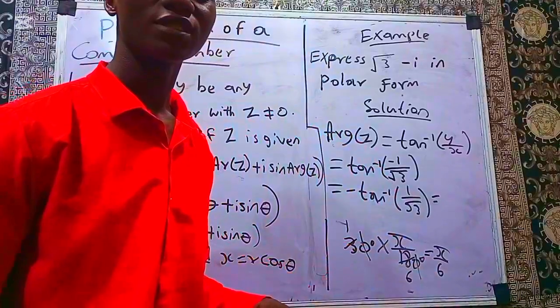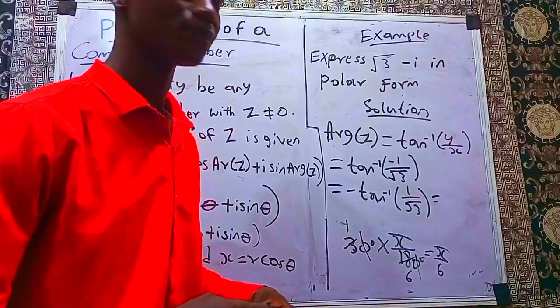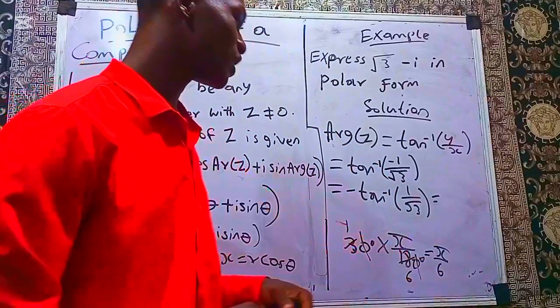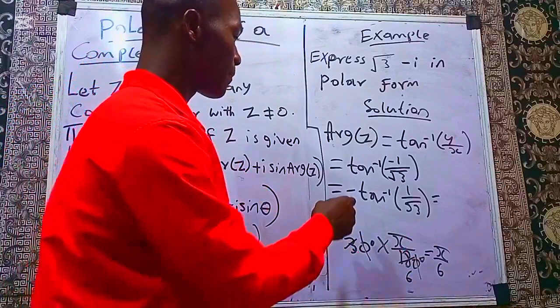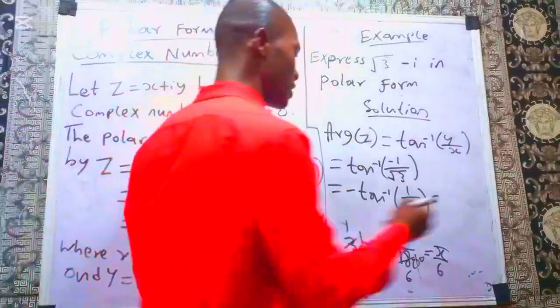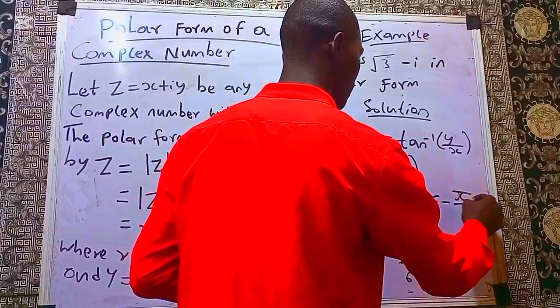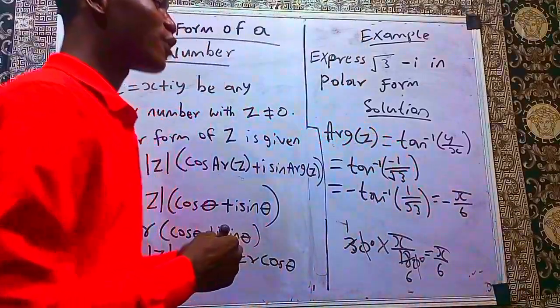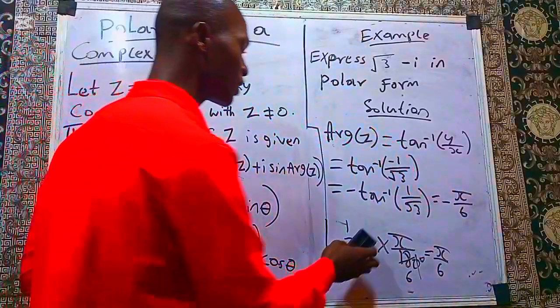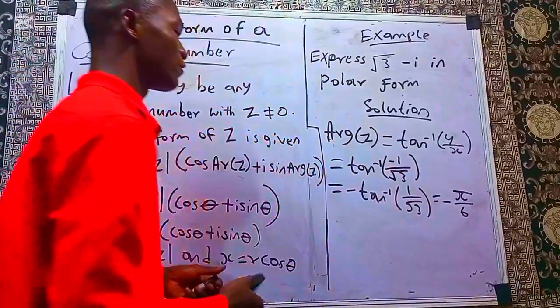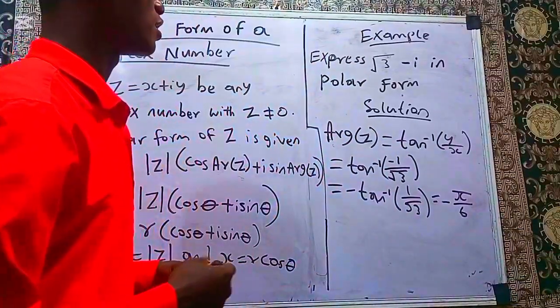So pi over 6 in radian is equivalent to 30 degrees. So remember, we have a negative here first, right? That's negative. This one gave us pi over 6. So negative pi over 6 is the principal argument of this very complex number.